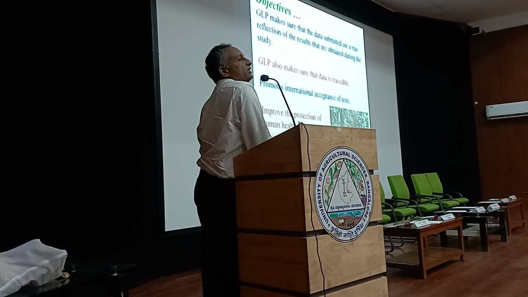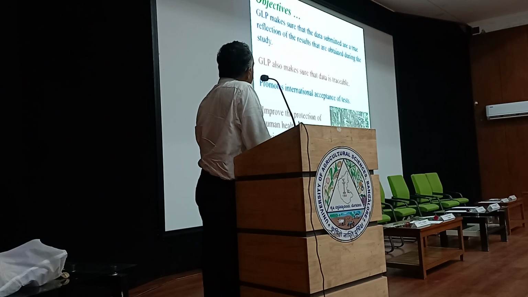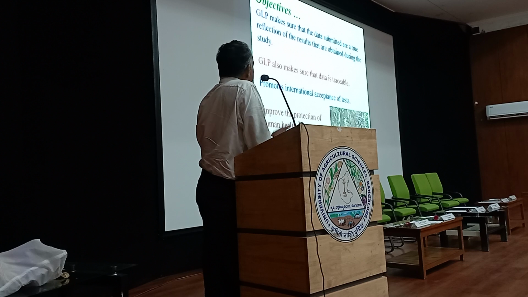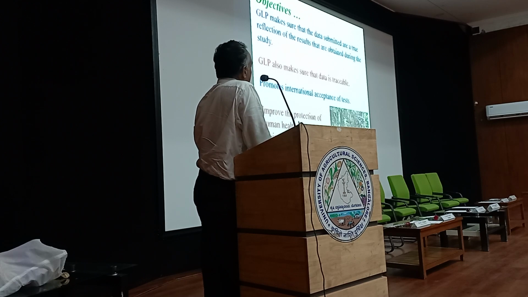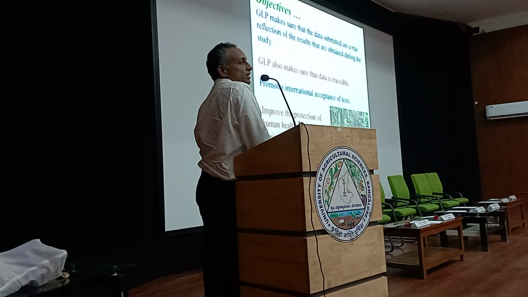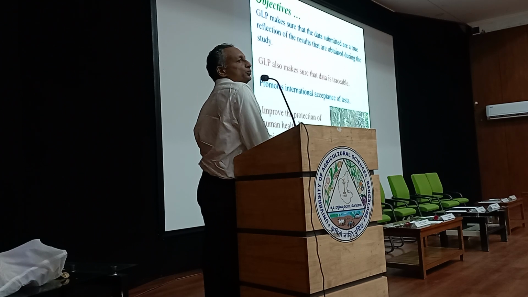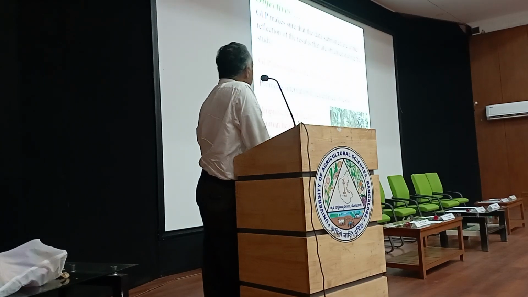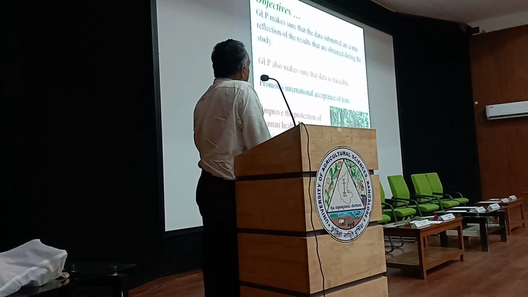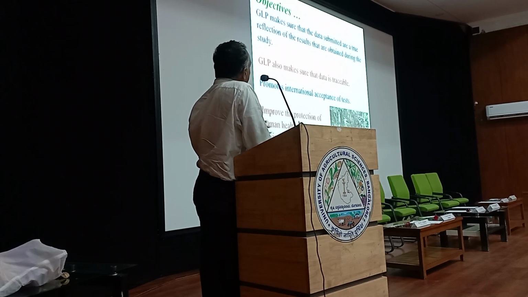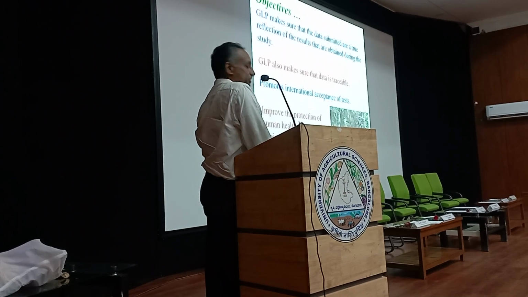You have to make sure the data can be traceable, and the experiments we do, especially with respect to data collection, whether biologists or non-biologists, should accept international standards. Some experiments should also meet the requirements of protection of human health as well as the ecosystem and environment. All that forms the GLP.